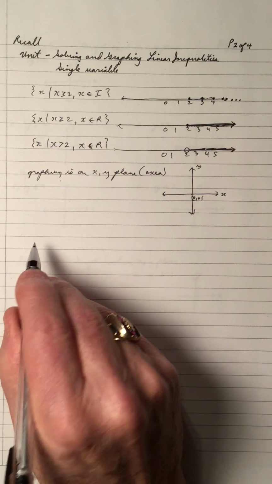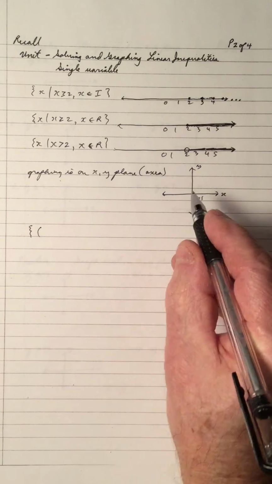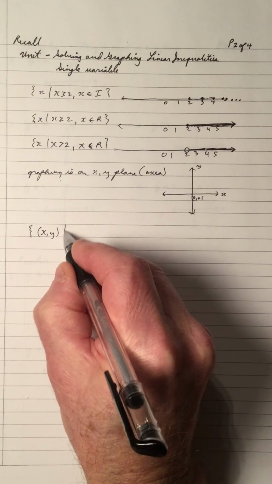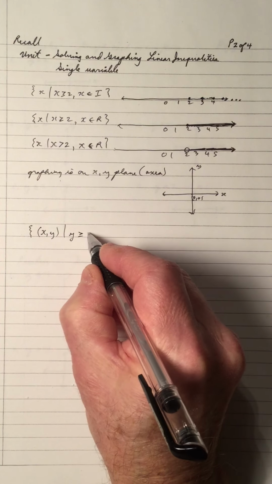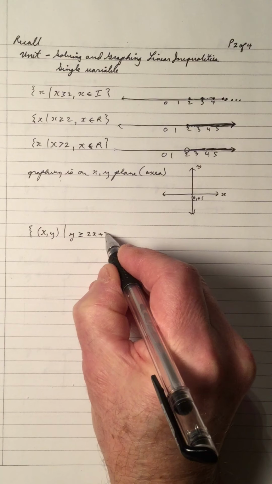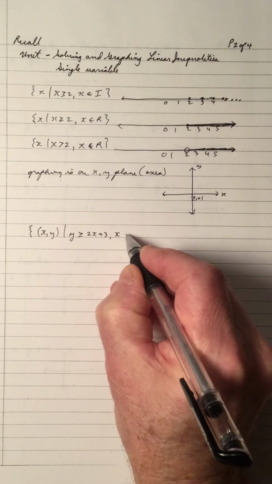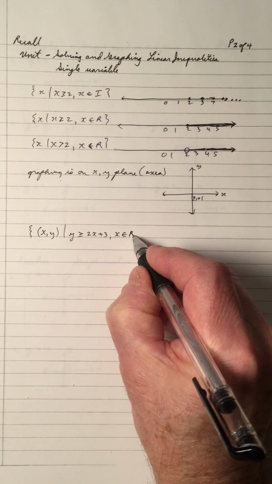So what's the difference in notation? Because we have the xy axis, we have the set of all x and y this time, and y is greater than or equal to, say, 2x plus 3. Most times when you do x and y axes, we graph on the reals.